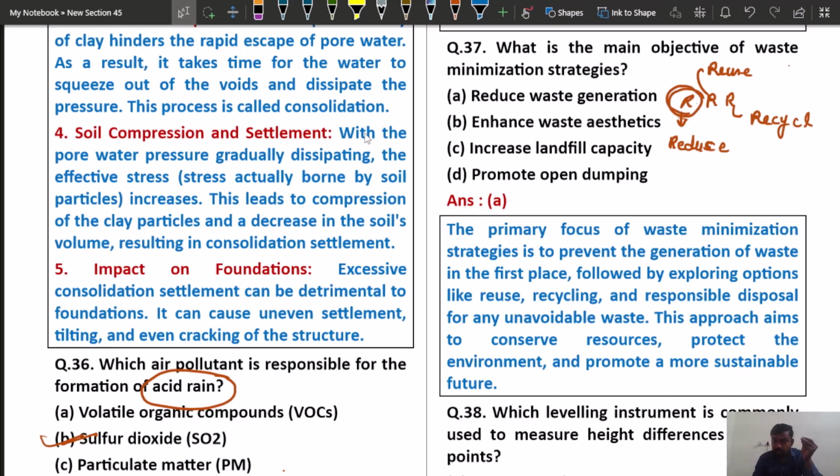Reducing the production of waste is the main strategy to minimize waste generation. So the correct option will be reduced waste generation. Now proceeding to the next question.